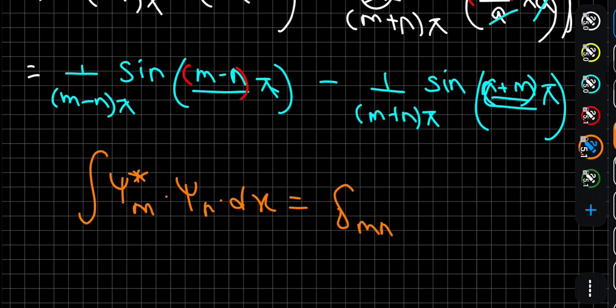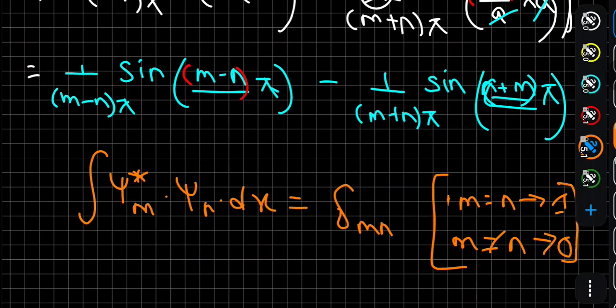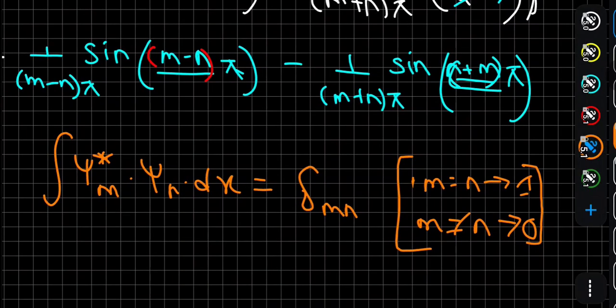What is the meaning of this? The meaning of this is that the Kronecker delta will give two values. If m is equal to n, it will give 1, and if m is not equal to n, as I have taken the example now, then it will become 0. That's why we have chosen the Kronecker delta, not only 1 and 2.